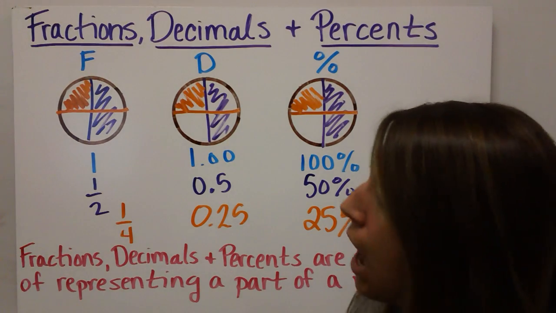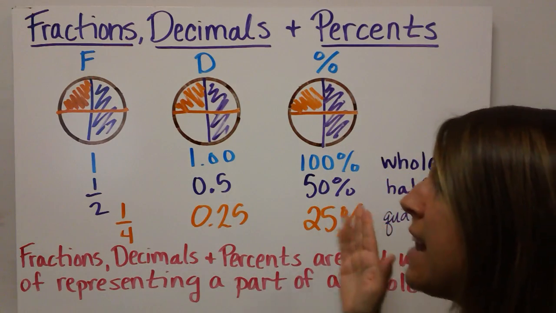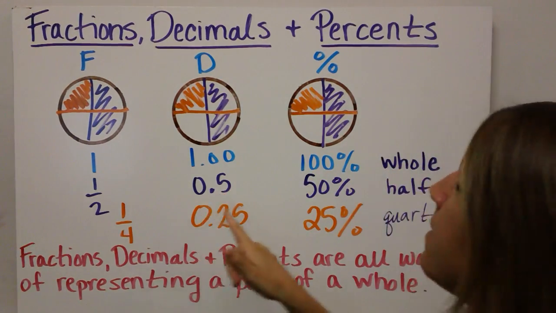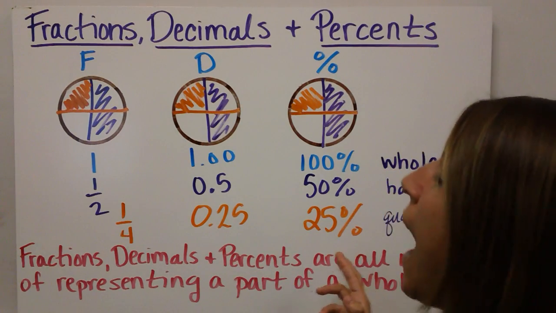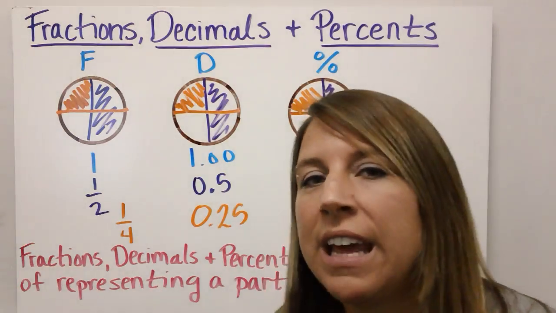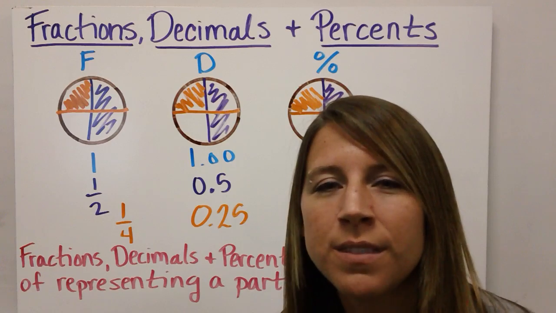So I want you to focus on the relationships from the decimal to the percent. How are we getting from 5/10 to 50? How are we getting from 25 hundredths to 25? Well, how do you numerically, and think multiplicatively, get from 1 to 100? You don't add 99, I'm not talking addition.